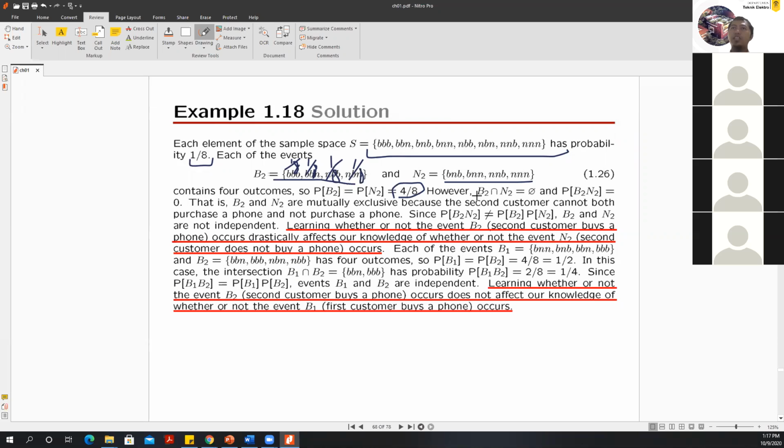How about the intersection between B2 and N2? You see that the members are unique, meaning there is no intersection between B2 and N2. So the intersection is null, and the probability of B2 and N2 becomes 0.